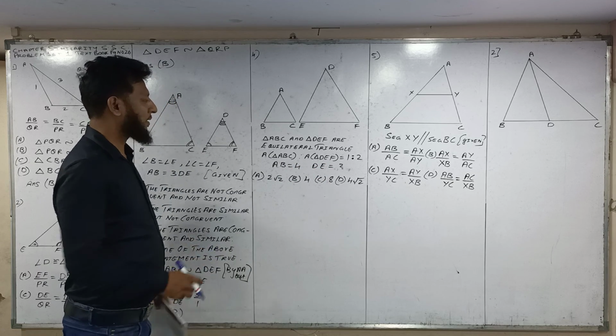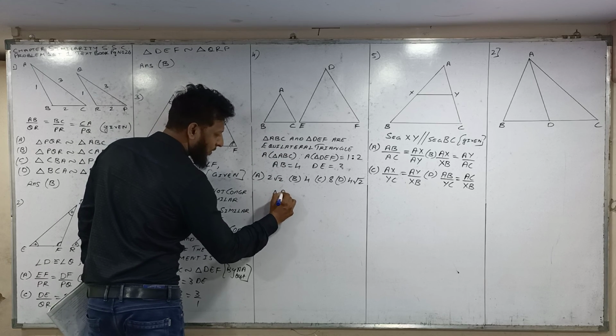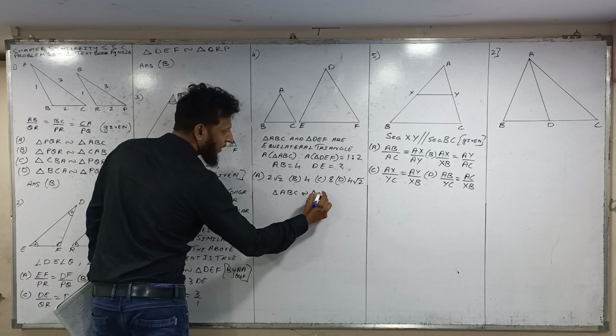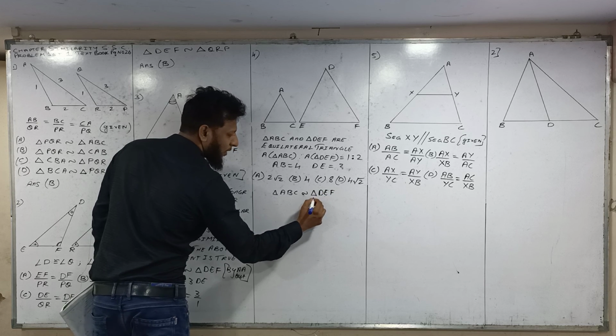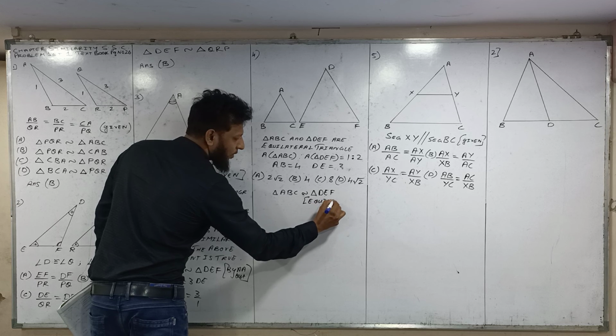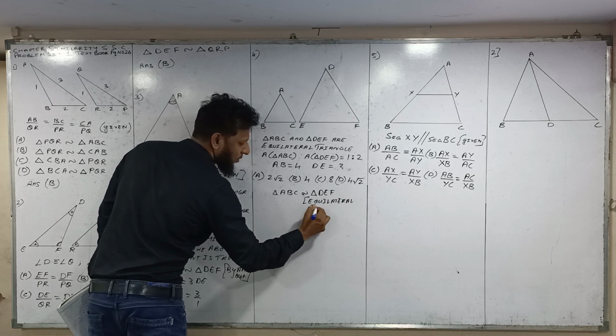When the triangles are equilateral, that means the triangles are similar, because equilateral triangles are always similar. Triangle ABC is similar to triangle DEF.